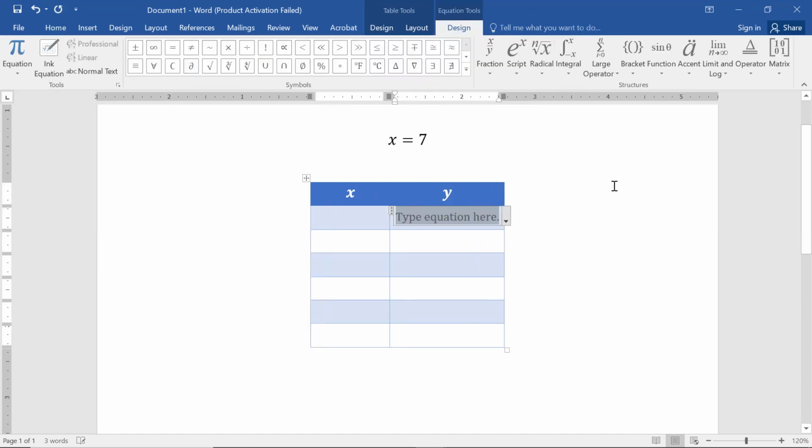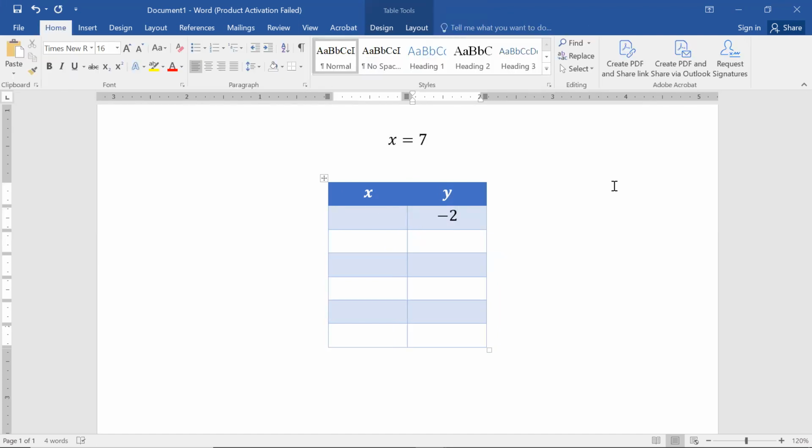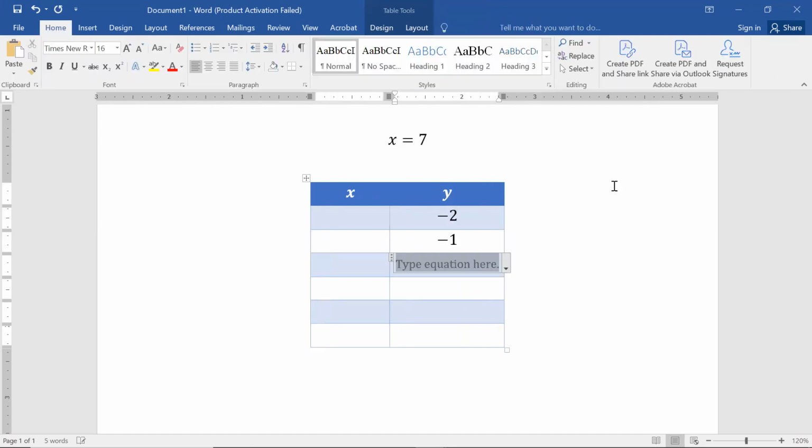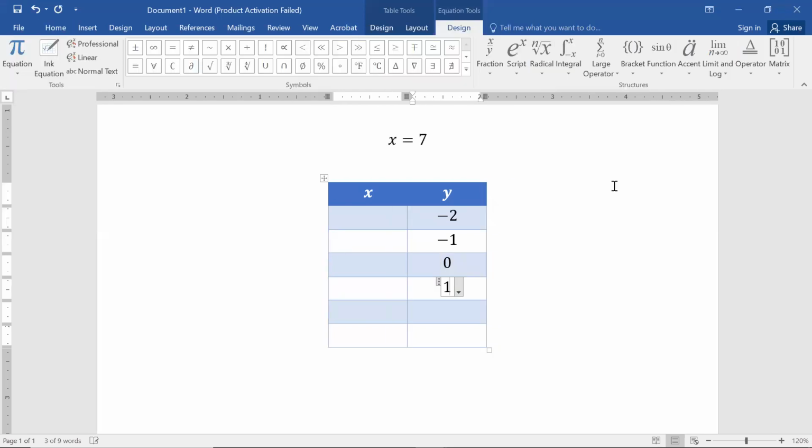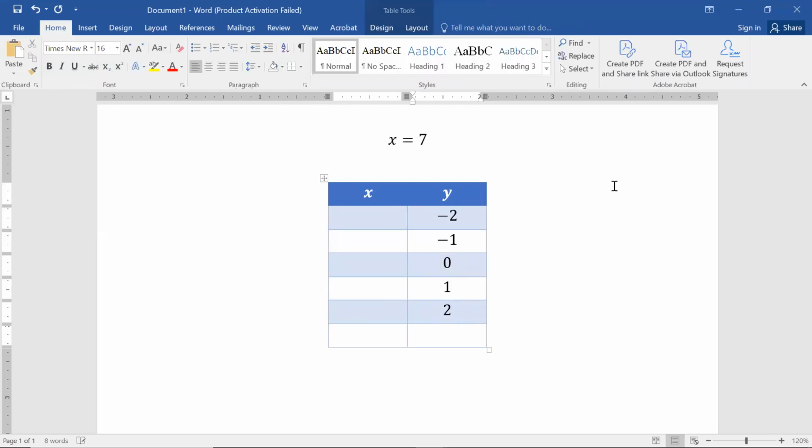So I think of this like plugging in a bunch of different y values and asking, what's the x value have to be with a y value of -2? What's the x value have to be with a y value of 1? What's the x value have to be with a y value of 0? And so on and so forth. Well, what's the x value have to be when y is -2?